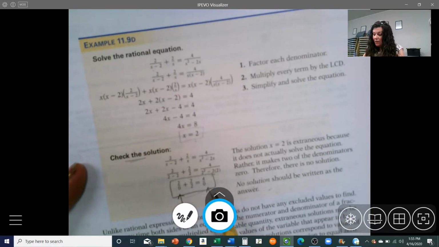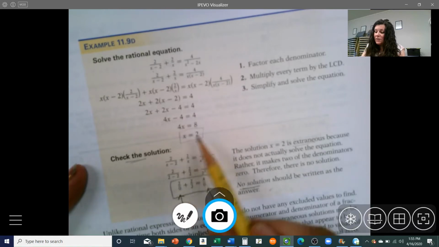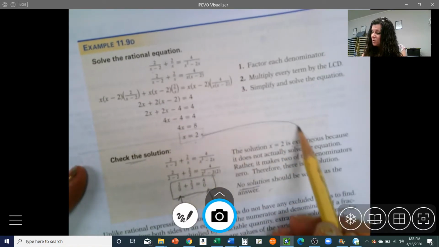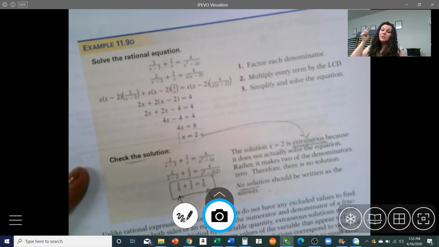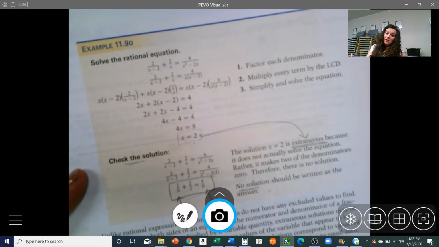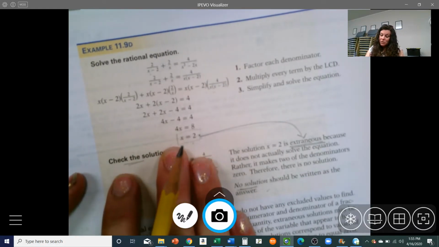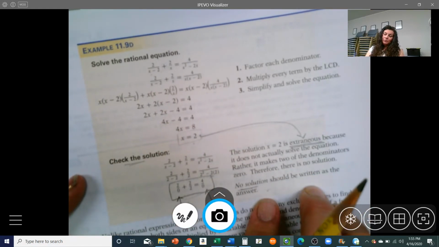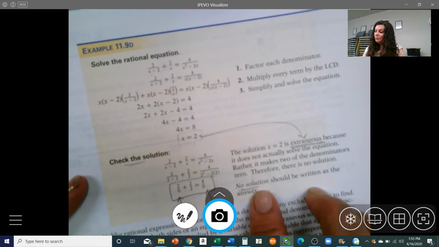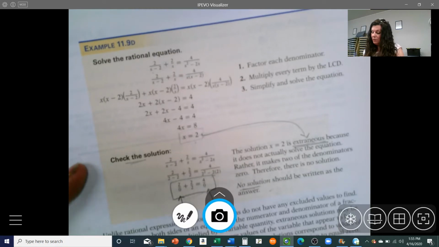So because of that, this is called an extraneous solution. This word here, extraneous. It's an extraneous solution because it doesn't solve it. And because there are no other solutions available that could work, that means there's no solution at all. Okay? And it talks about that here in these 2 paragraphs below that.